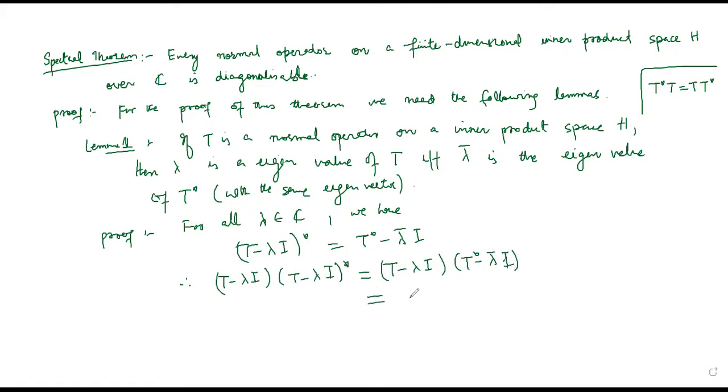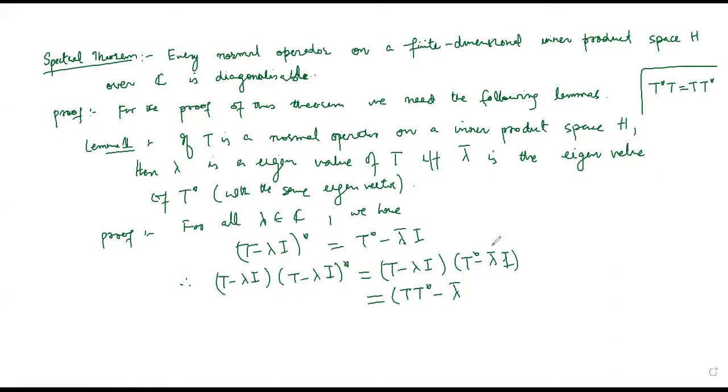And if we multiply that, so this would be T star minus lambda bar into I into T. Because it commute nahi karta, so I have to keep that in mind.